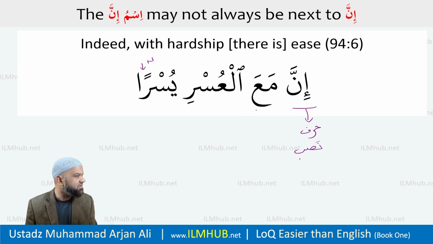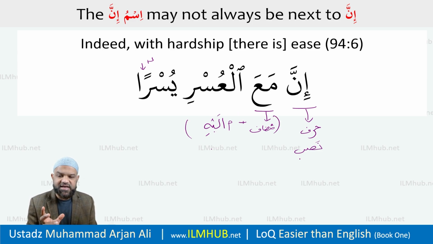But ma'a is your mudaf. Remember, ma'a is an adverb. So mudaf plus mudaf ilayhi. So these two combined together, mudaf plus mudaf ilayhi, is now coming before the ismu inna.